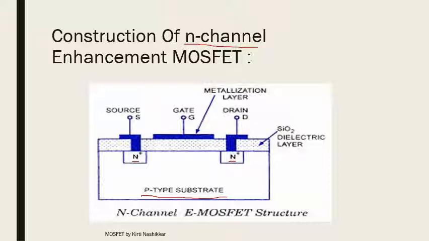Two terminals, source and drain, are taken out of them through metallic contacts. The gate terminal is insulated by the SiO2 layer and is also taken out through a metallic contact. Here the channel is absent in the enhancement MOSFET.